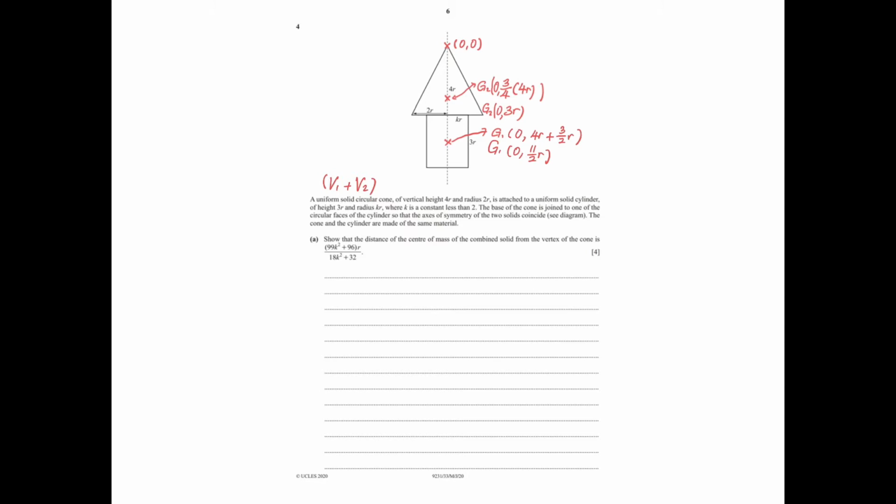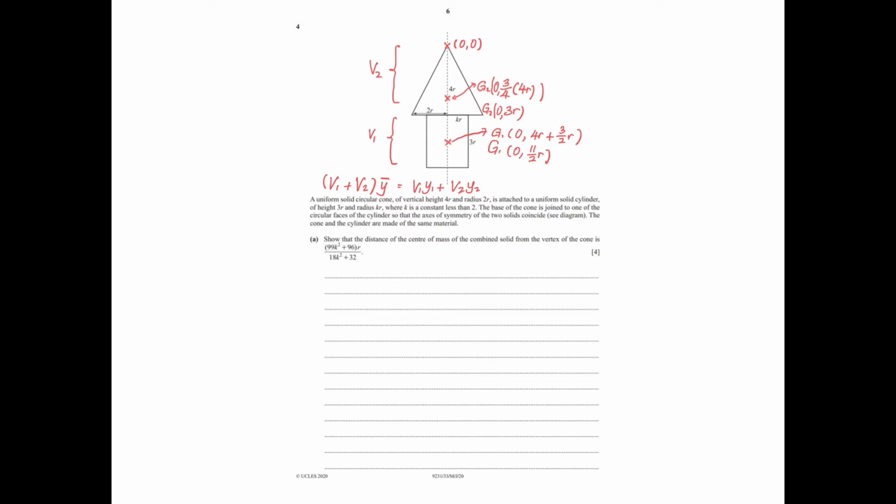Let's say I call the cone V2, and for the cylinder V1. So the formula is V1 plus V2 multiplied by y bar, the vertical distance from the origin, equal to V1 y1 plus V2 y2. This is the formula to find out the center of mass.